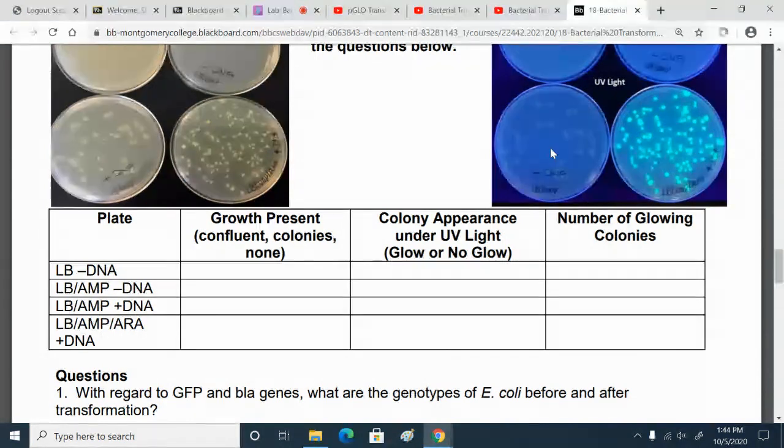So why is it that these bacteria are green and these bacteria are not? Is it because there's arabinose? Right, so can you explain in detail what's going on? Doesn't the arabinose allow the GFP to be expressed? Not by itself. What else is needed?